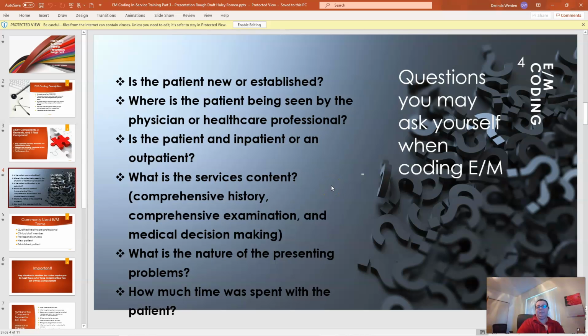All of that is pertinent to a history, as well as the exam, which is different between 95 and 97 guidelines, and the number of bullets and what makes a straightforward versus limited versus detailed versus comprehensive exam.